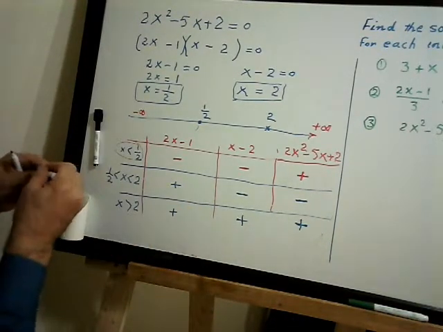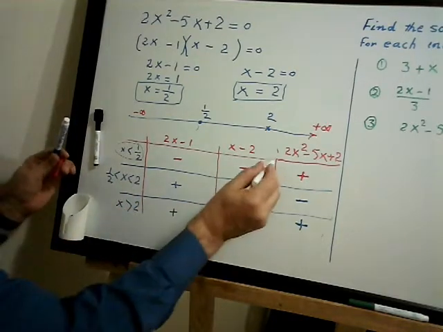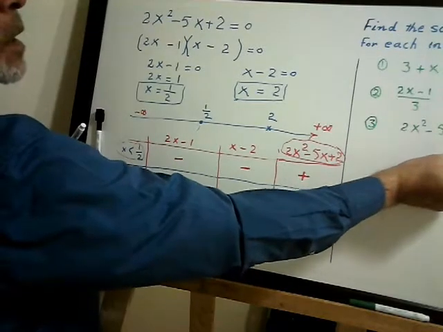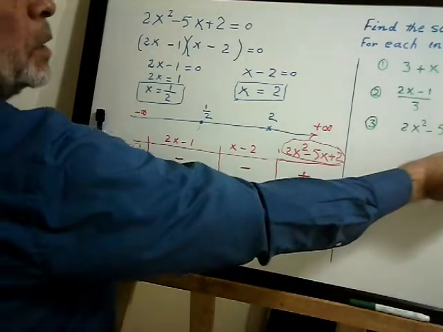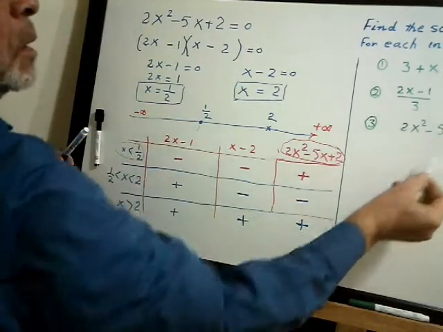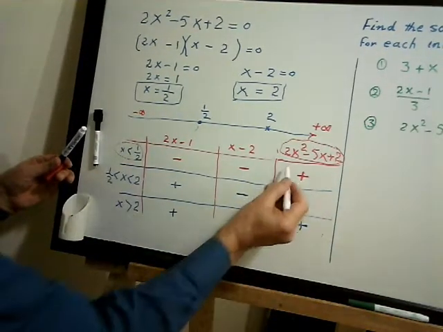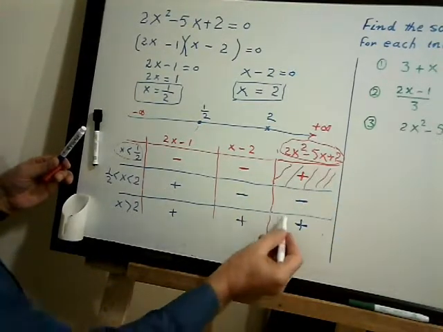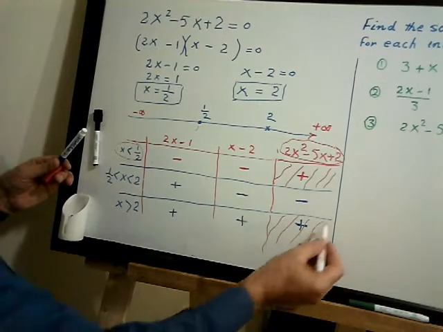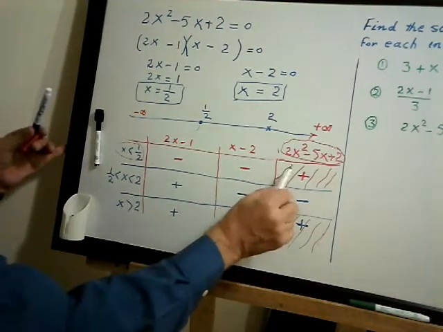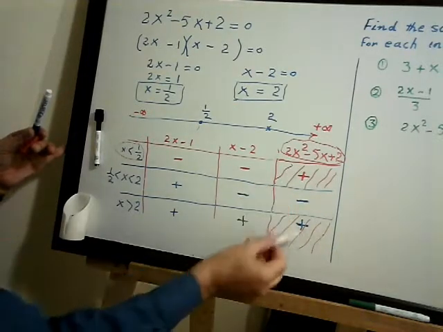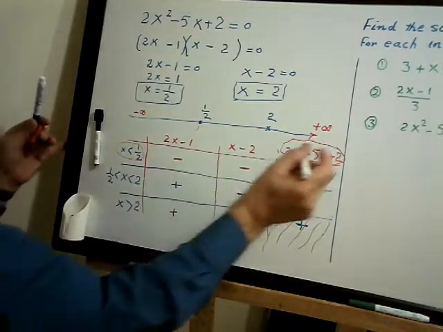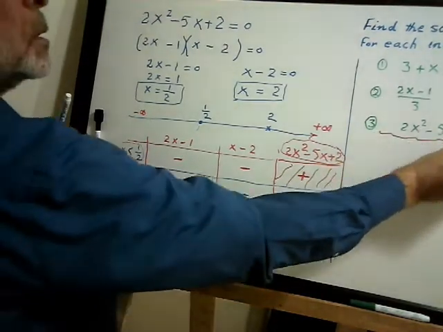Now, after this test, we look for where the expression is greater than 0, which means positive. Here it's greater than 0 because it's positive, and here too. So we take these two intervals as the solution.